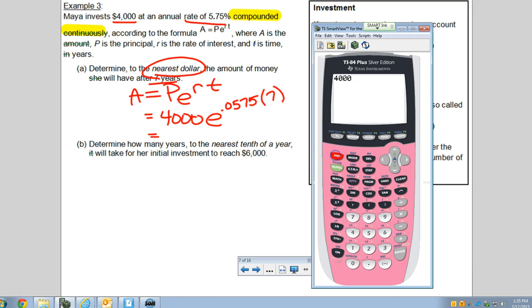The E that we've used before. Okay, so that is what it looks like in your calculator, and it will be $5,982 rounded.